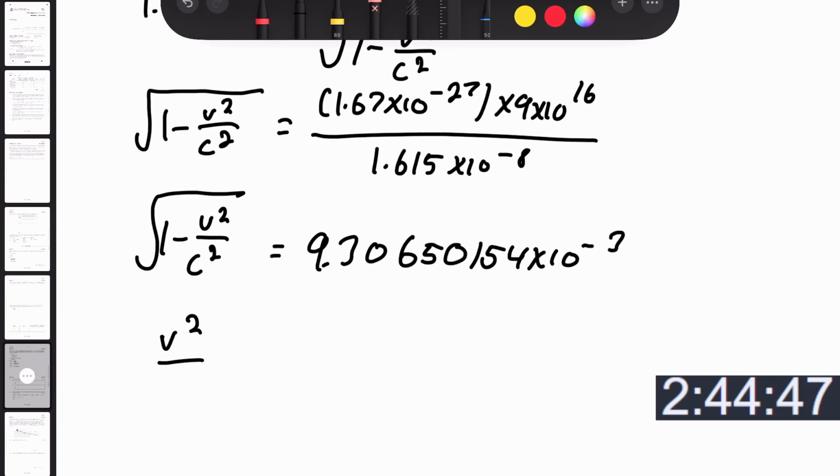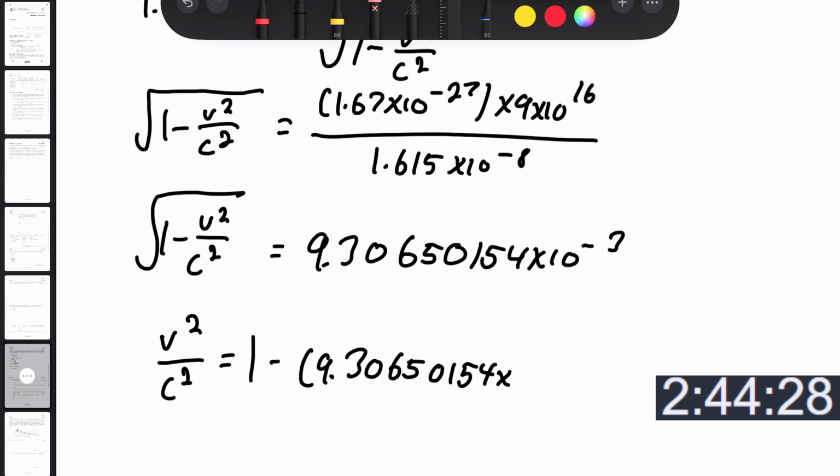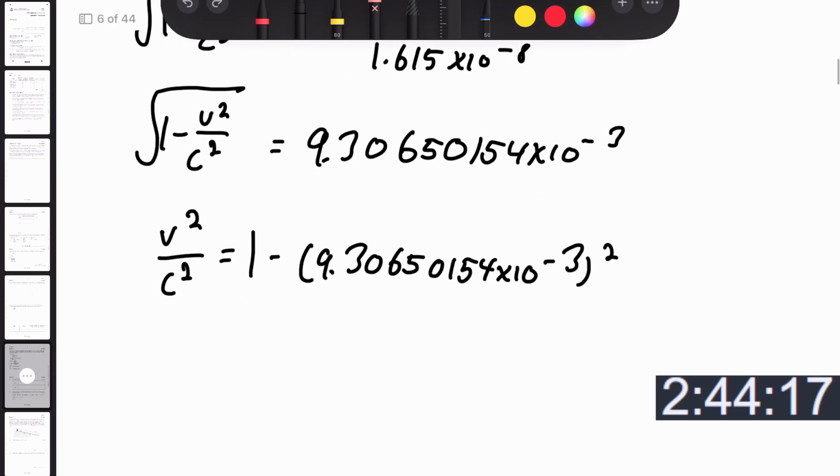So then v squared over c squared is equal to 1 minus that squared. I would square that and move that over.